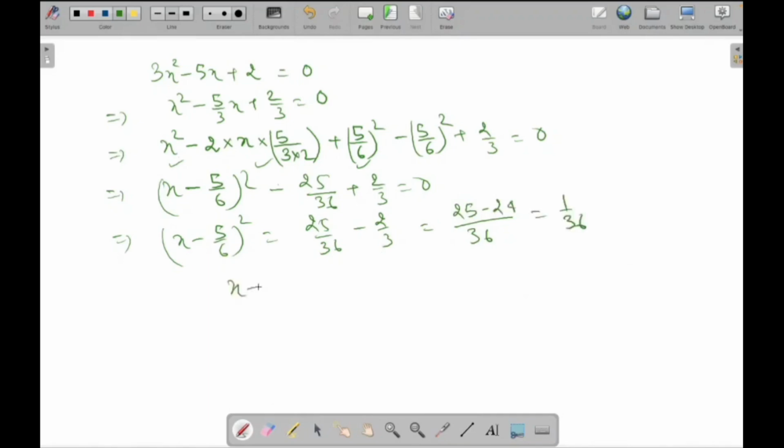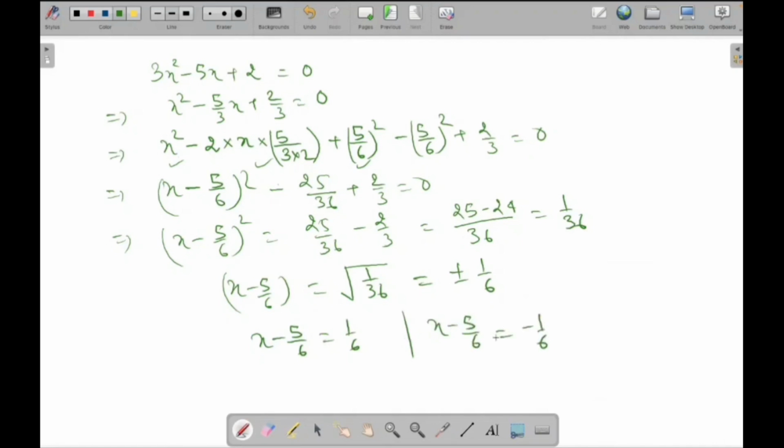Now x minus 5 by 6 will be equal to square root of 1 by 36, which will be nothing but plus minus 1 by 6. So I'll take one time positive, which will be 1 by 6, and another time negative, which will be minus 1 by 6.